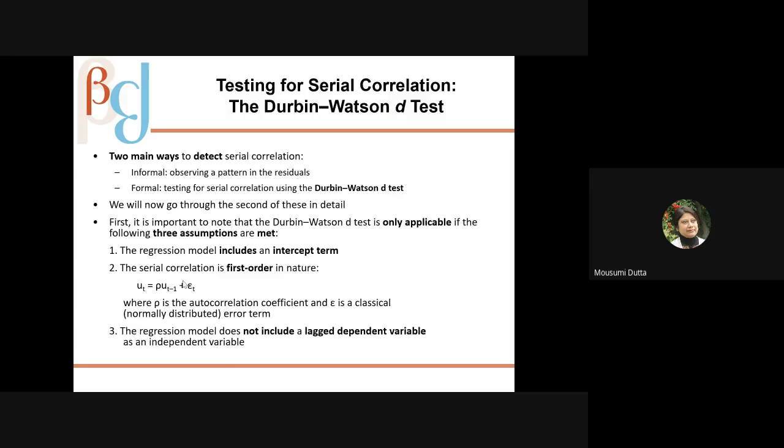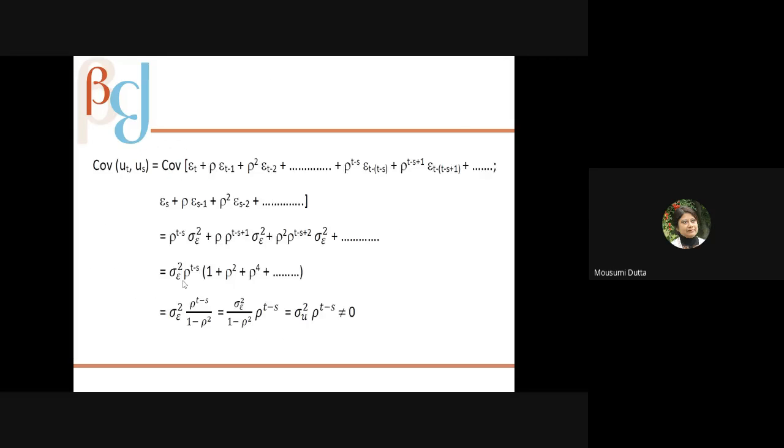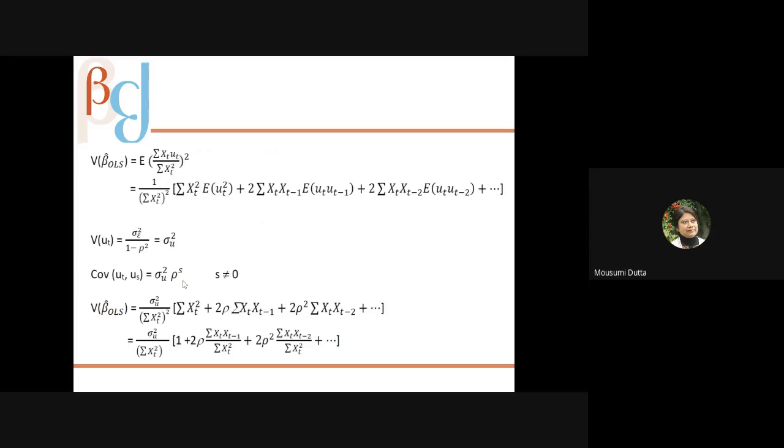However, these cross products will be replaced by sigma square into rho to the power s, because the covariance is sigma square into rho to the power t minus s, this kind of term. Okay, so sigma u square is there both for the variance as well as covariance.